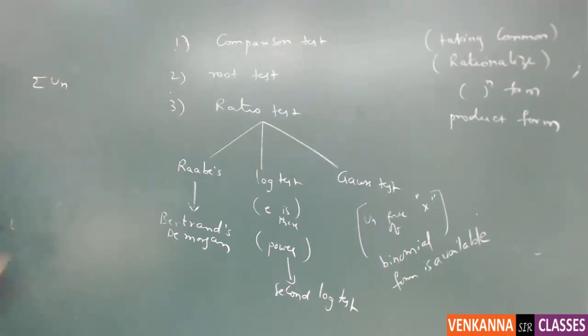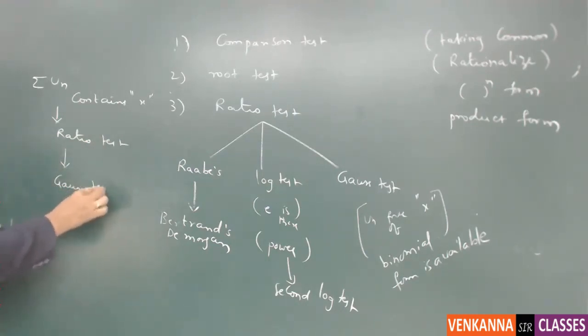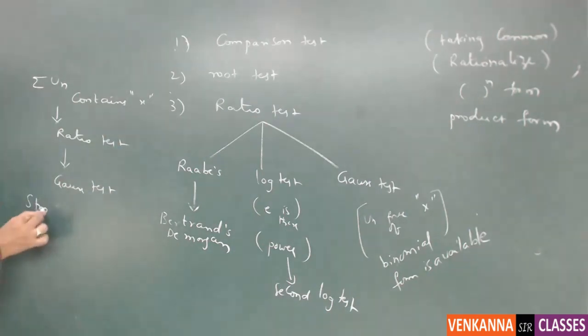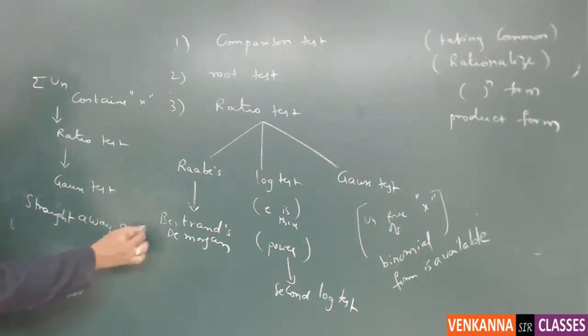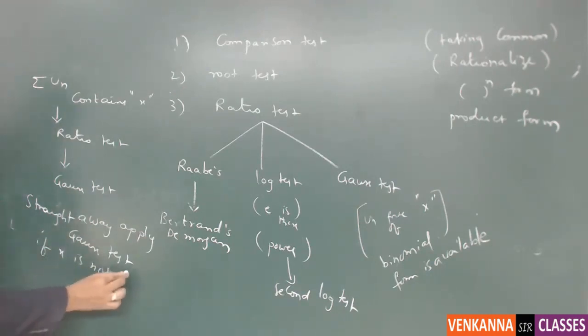If sigma un contains x also, then apply ratio test, then apply Gauss test. If x is not there, straight away apply Gauss test. Please take a note of it.